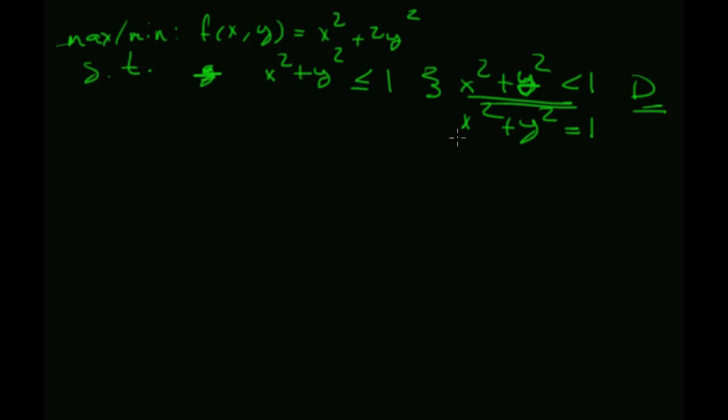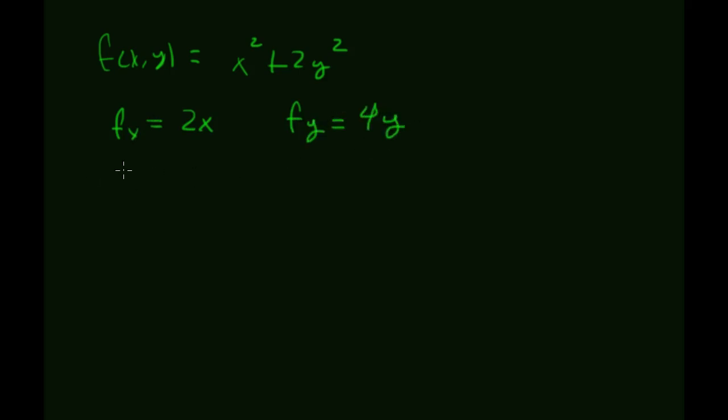And this is where I have a g of x, y equaling some constant. So this is where we're going to use LaGrange to be able to find the maxes and mins on the boundary. And then we're going to compare all of these things. All right, so let's deal with the interior first.